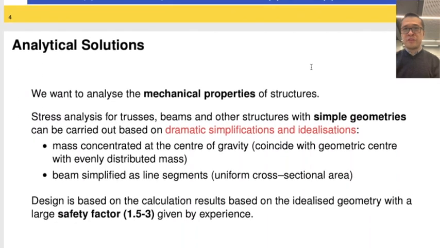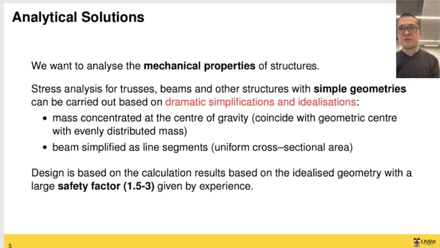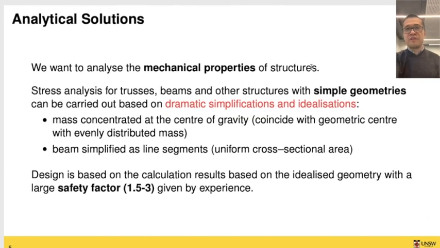So if we look at the example so far, finite element analysis is a case where we want to analyze the mechanical properties of structures. For some simple structures like trusses and beams, like a horizontal, uniform metal bar or uniform wooden bar, where everything is uniform, we know the shape.